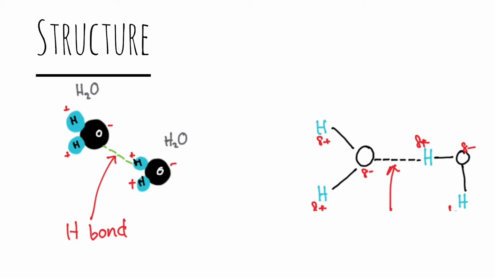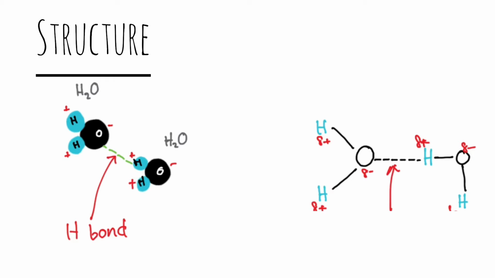So just to give you a summary, water is made up of hydrogen and oxygen. There are covalent bonds inside the water molecule between hydrogen and oxygen, and then between two water molecules there are hydrogen bonds, and water is a polar molecule.